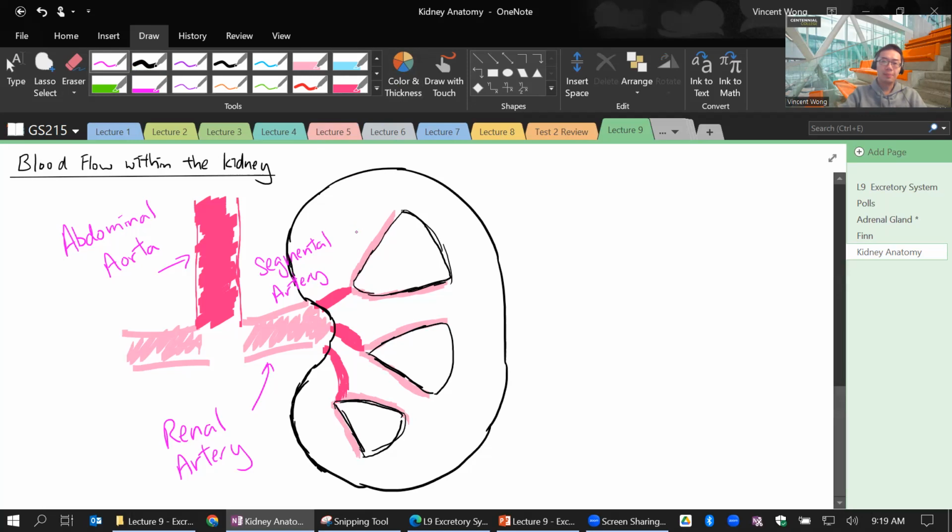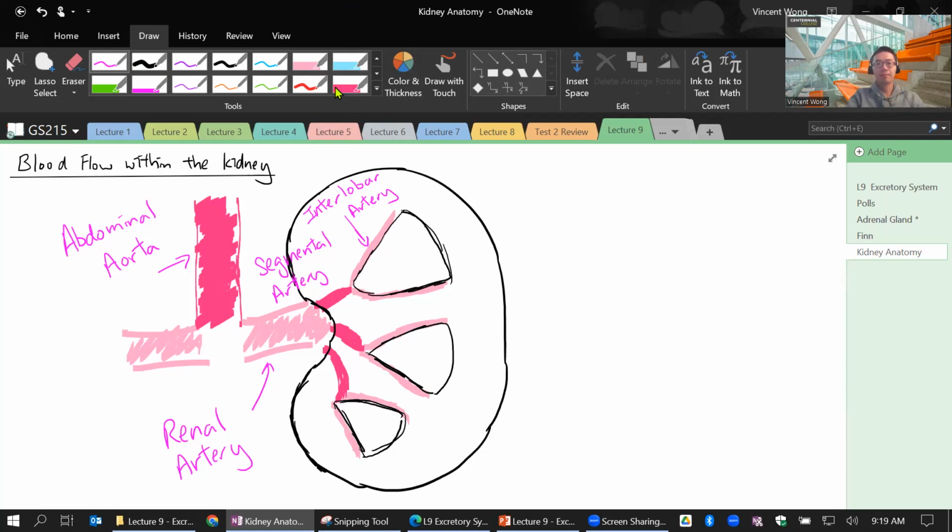Those are the interlobar arteries. Like who comes up with these names, right? Interlobar artery. And when they get to the outer edge, the boundary between the cortex and the medulla, they will turn and hug the outside.